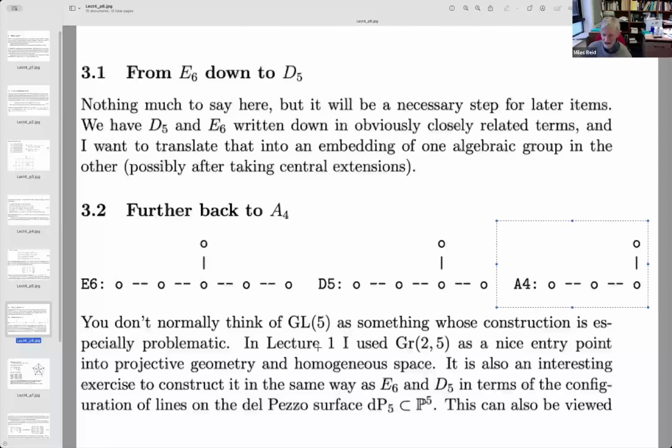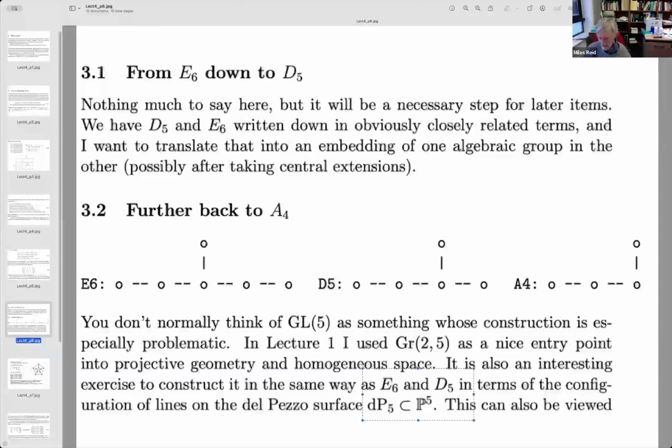Now, when I did E6, I had the cubic surface. When I did D5, I had the del Pezzo surface of degree 4, which is the intersection of 2 quadrics. And I claimed to construct the combinatorics of the groups and the homogeneous symmetric spaces of the groups in terms of that combinatorics.